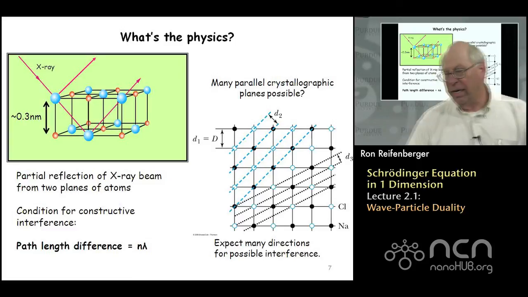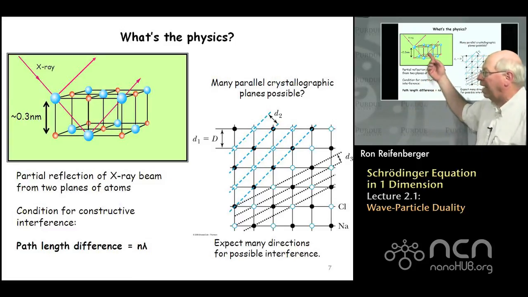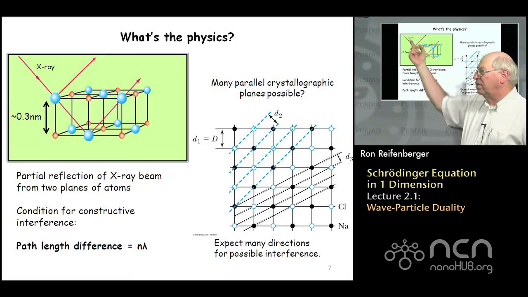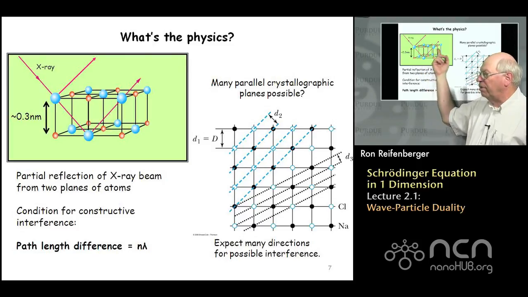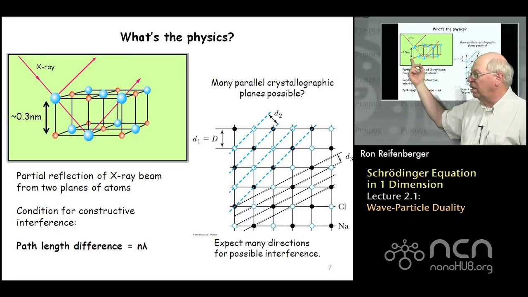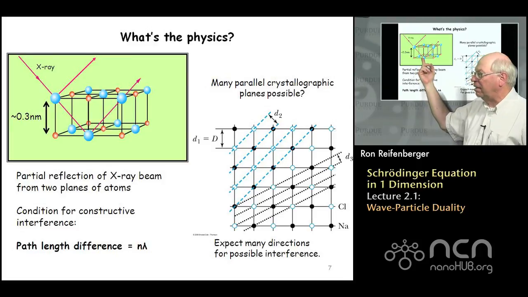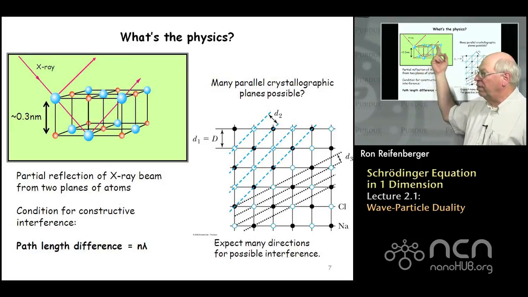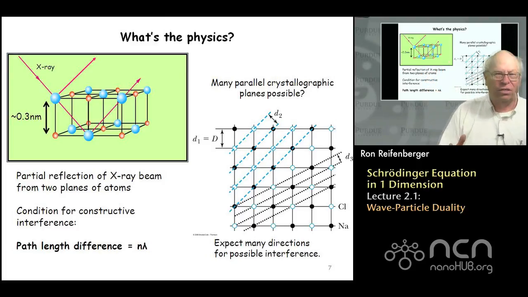The basic idea is that if you have a crystalline solid with an incident X-ray beam onto it, some of that X-ray beam will reflect from the top layer of atoms in the crystal. Part of that X-ray beam will be transmitted and strike the second layer of atoms in the crystal. These two beams will then be reflected into a detector. And the same physics is involved.